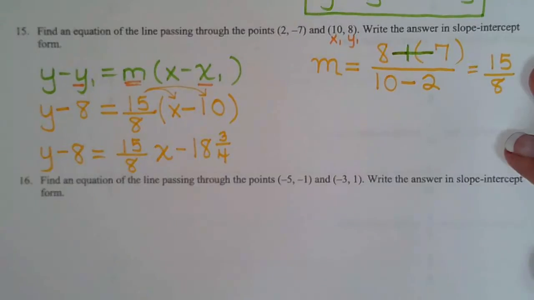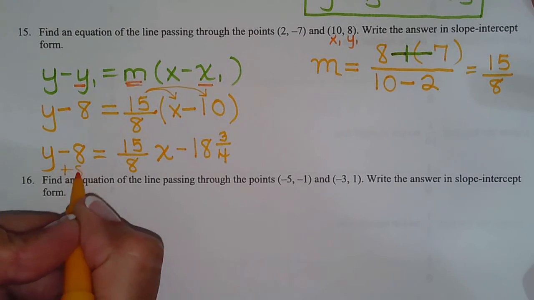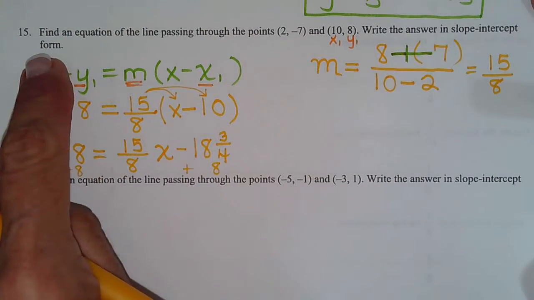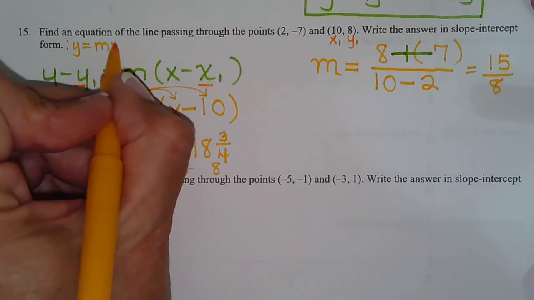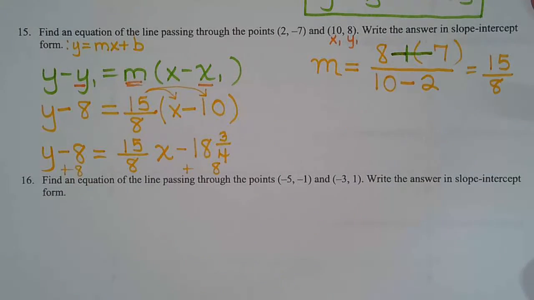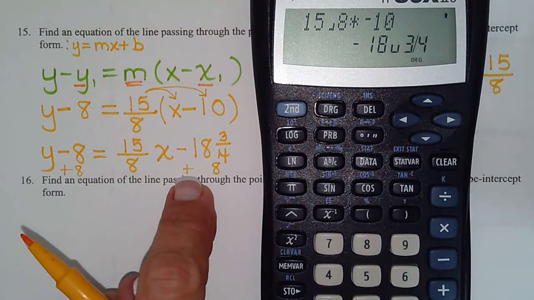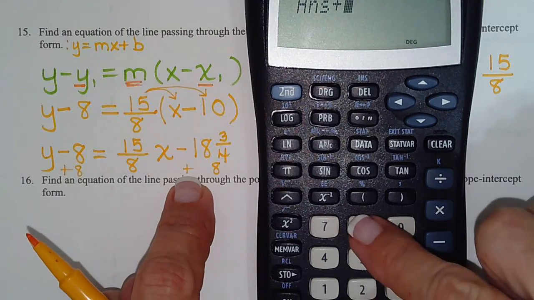Now we're only one step away. Yay! So now add 8, because remember we want to get y alone because it says leave it in slope-intercept form, which remember is y equals mx plus b. So we already have negative 18 3/4 in our calculator, so all we have to do is hit plus 8.